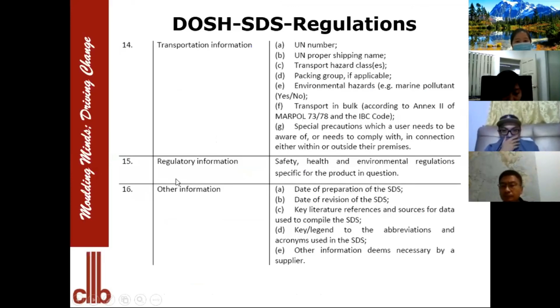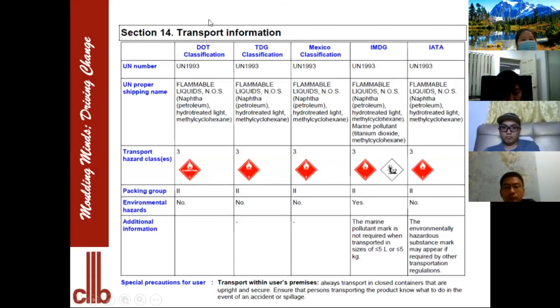14 is transport, 15 is regulatory information, 16 is basically every other information in terms of when it was prepared and who prepared it. When we look at transportation information, we need to focus on the mode that is relevant to us. Because of the section related to its bioaccumulation, its ecological information, by looking at that I knew it was a marine pollutant already.